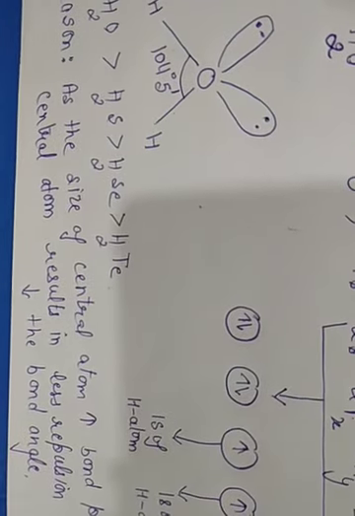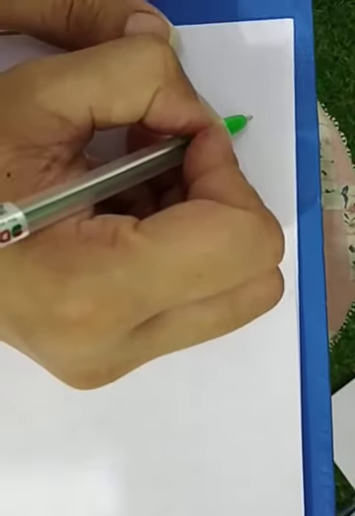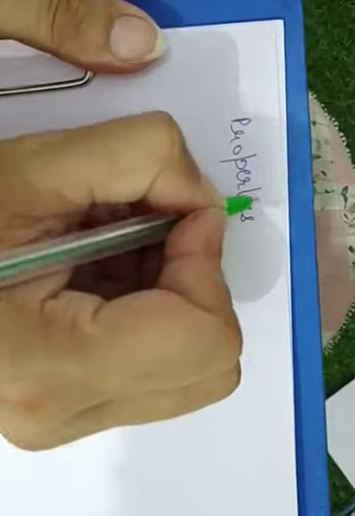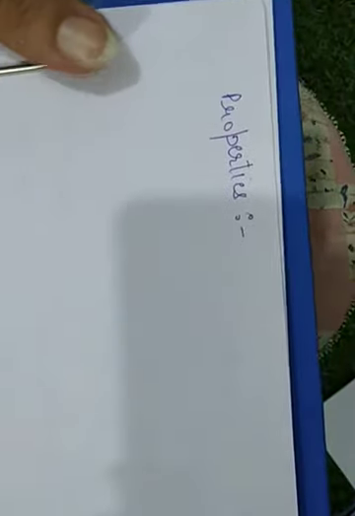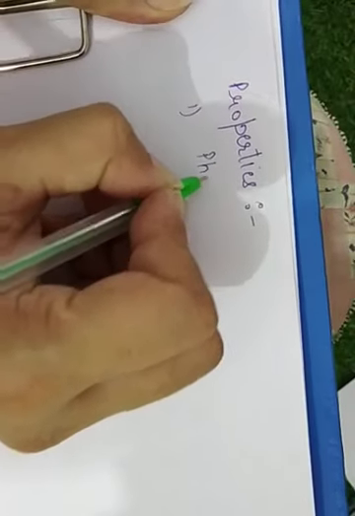So this one is the structure of hydrides of group number 16. Next, we discuss their properties. They are the same as we discussed for the properties of hydrides of group number 15. So first one is the physical state.